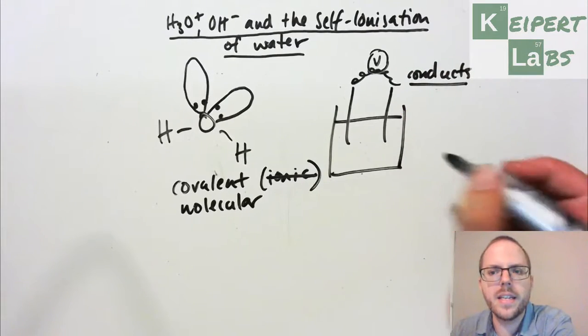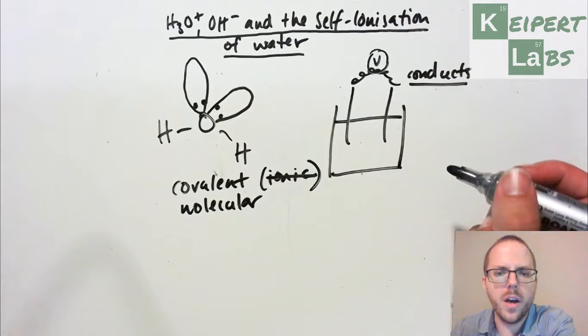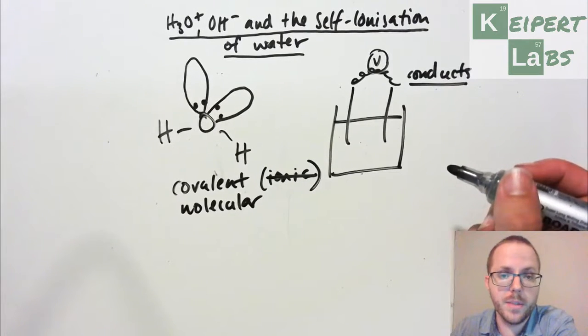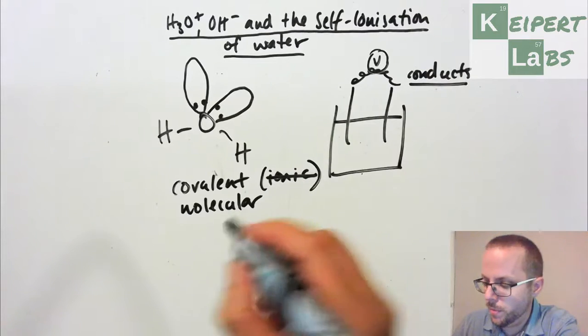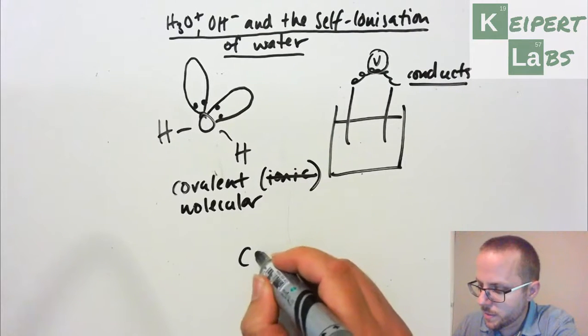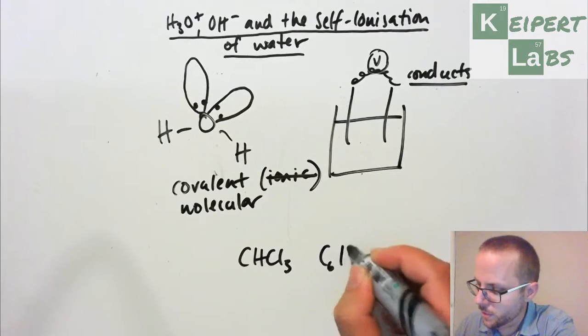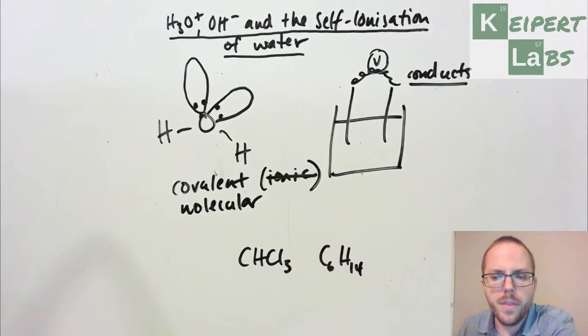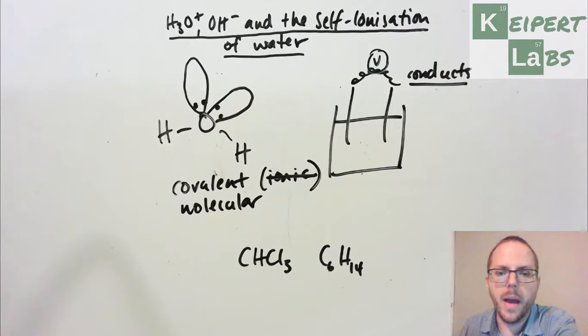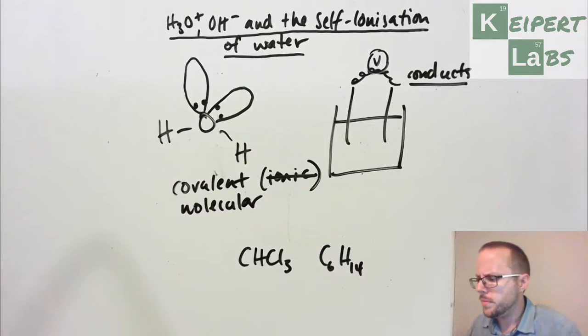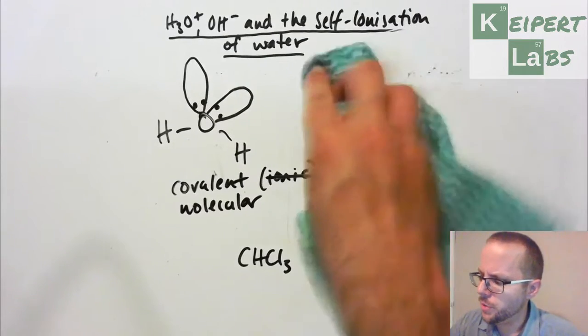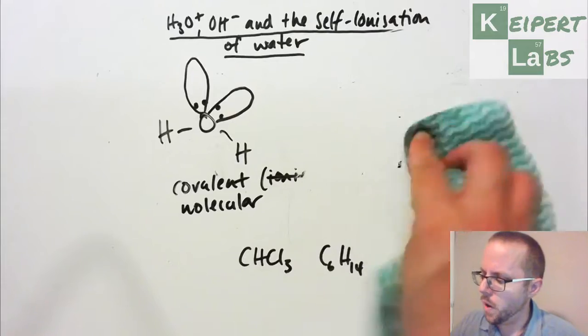That is, it does conduct electricity even when it's highly pure. Much more so than other covalent substances that you might expect, like chloroform, which is CHCl3, or hexane, C6H14. They're covalently bonded, and with much bigger molecules, but they don't do this like water does. And so it's curious for us trying to work out exactly why.